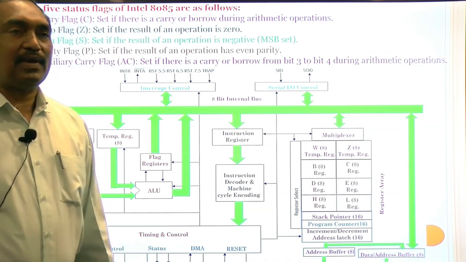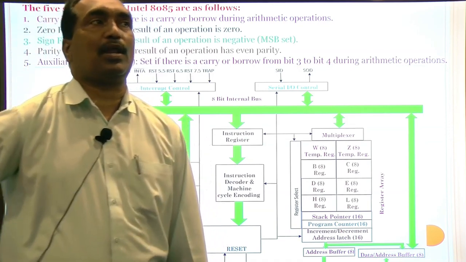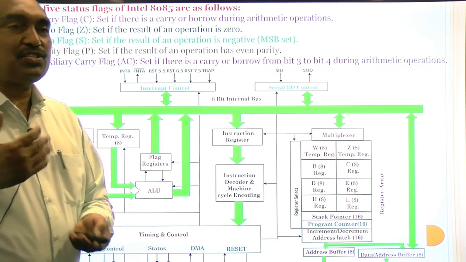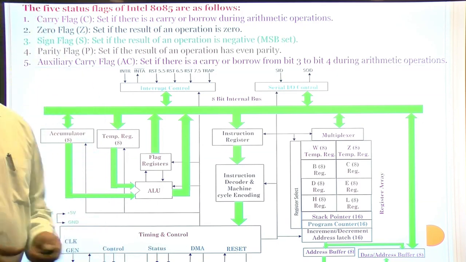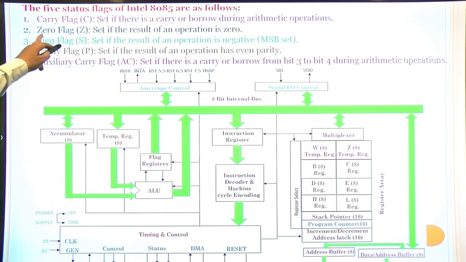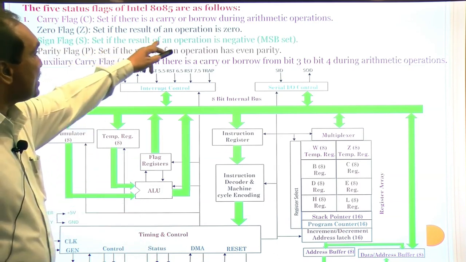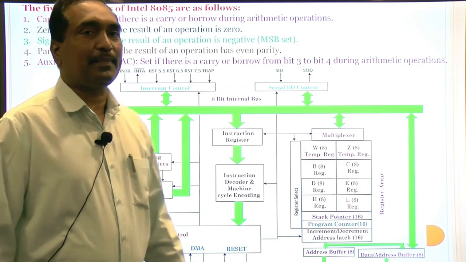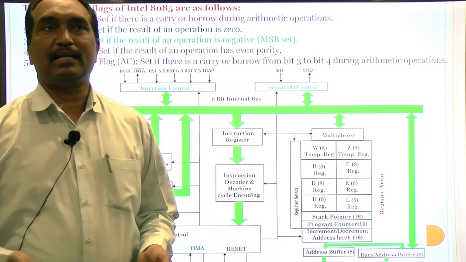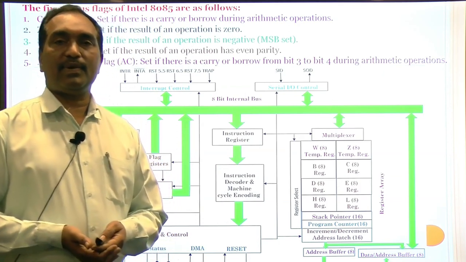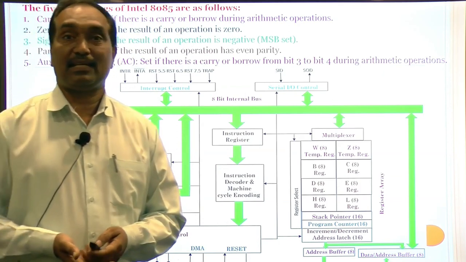Because when executing the program, some conditions have to be handled. The first is that in some cases there may be a carry or borrow during arithmetic operations. For example, when we are adding two numbers, 9 and 7, 9 plus 7 is 16.